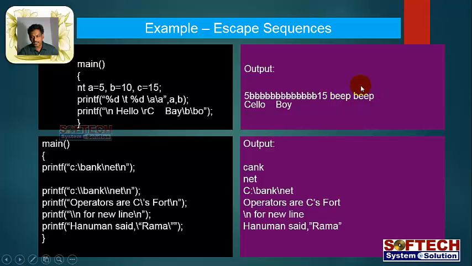It will not display the word like that; for understanding only, we display the word beep beep here. But on the computer, it displays 5, then blank spaces with no character displayed, then 15. After that, it gives the sound two times, beep beep. This is for alert purposes.